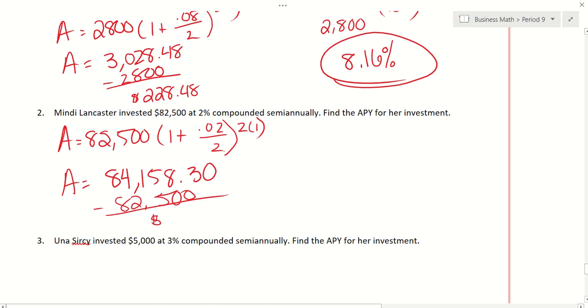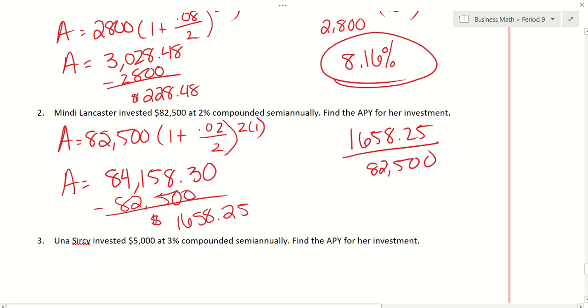That gives you $1,658.25. Now you take that, which is your interest, and put it over the original loan. Make sure you multiply by 100% as well to turn it from a decimal into a percent. And you get 2.01%.